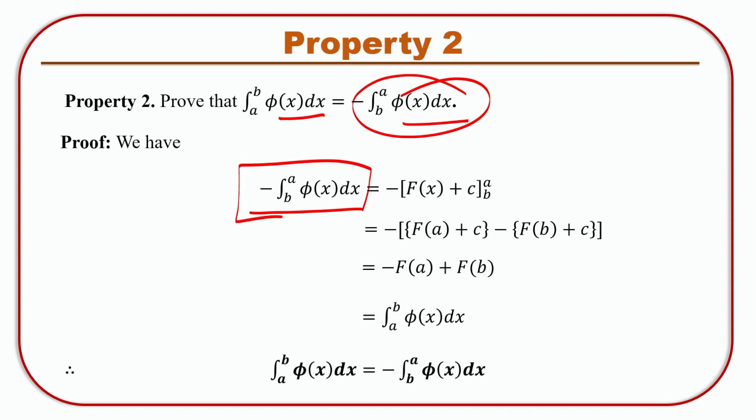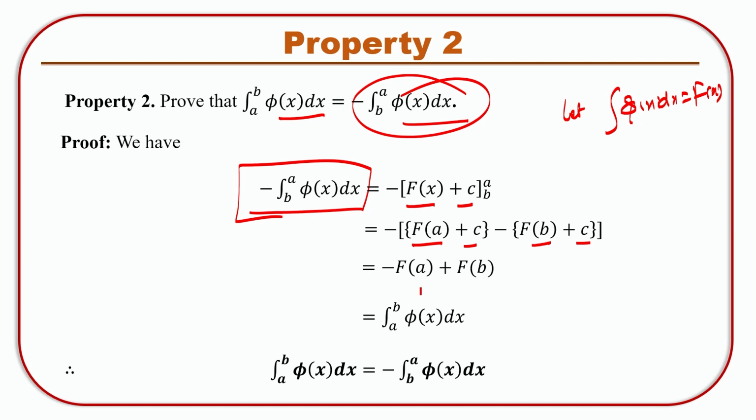That can be written as: let the integral of phi(x) dx equal capital F(x) plus c, some constant. Then from b to a, that gives F(a) plus c minus (F(b) plus c).